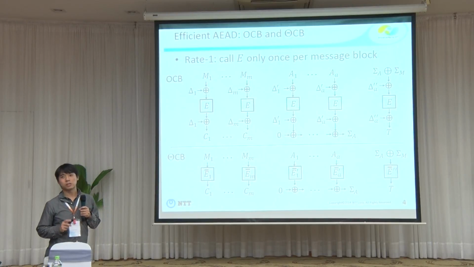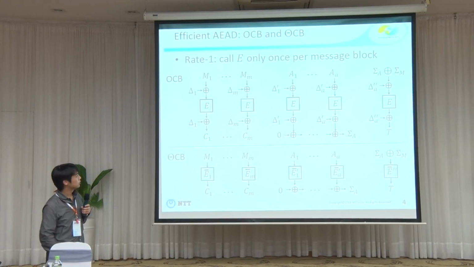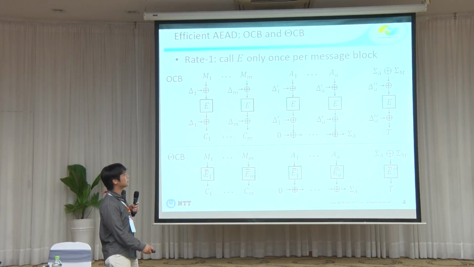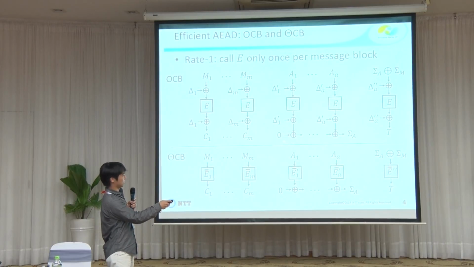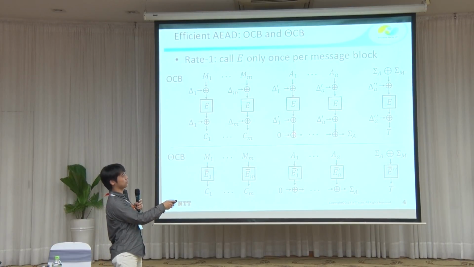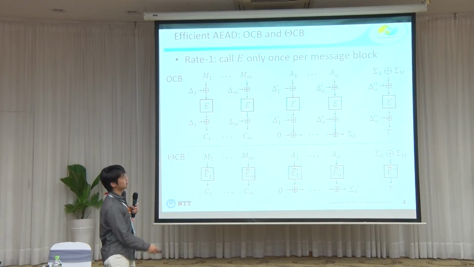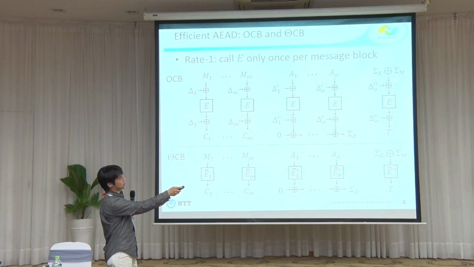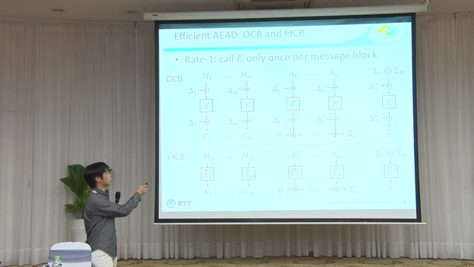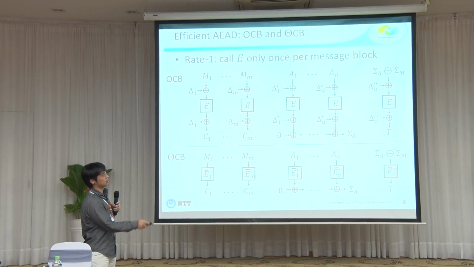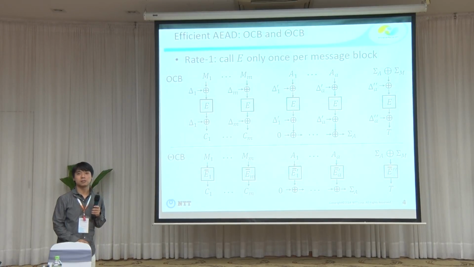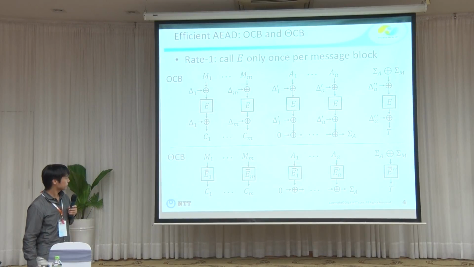So the block cipher is called just once per message block, which is called rate 1. Regarding associated data, we don't have to output a ciphertext, so we just compute the sum of the computed results. And then we also take the checksum of the message, which is just the XOR of all the message blocks, and then process the block cipher on this input one more time. So this is very efficient.